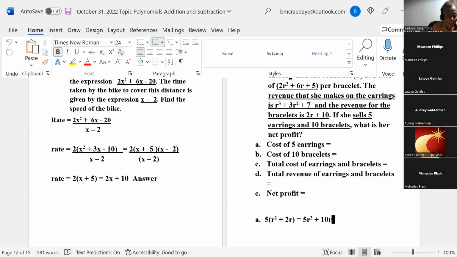Cost of 5 earrings is 5r to the second plus 10r. Everybody clear on that? Okay. Now, Mercedes, how would I find the cost of 10 bracelets? That's B. How many bracelets?